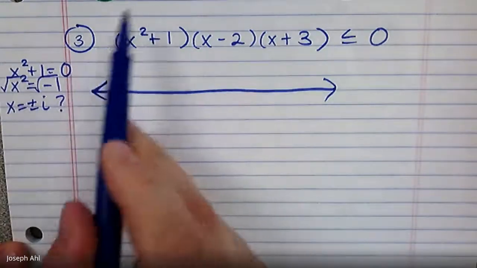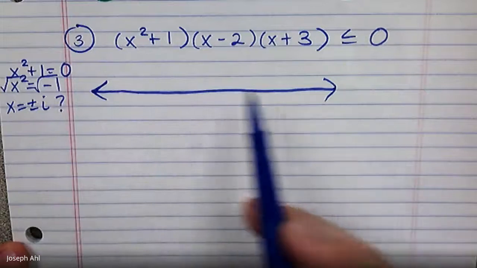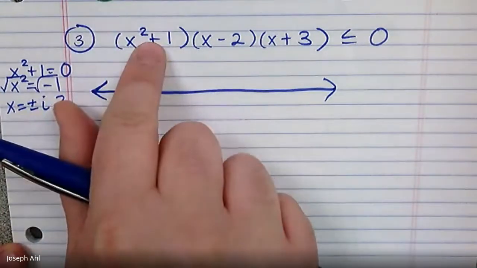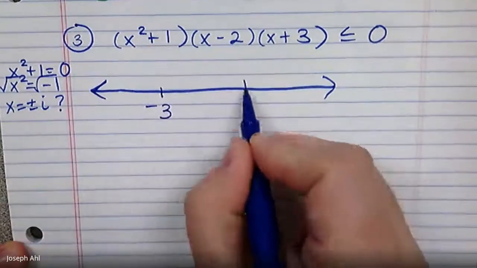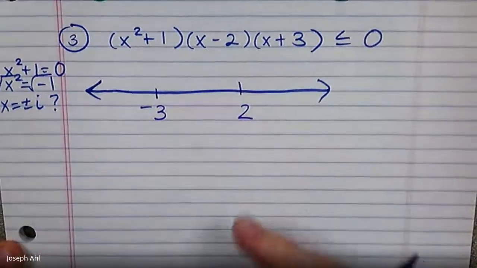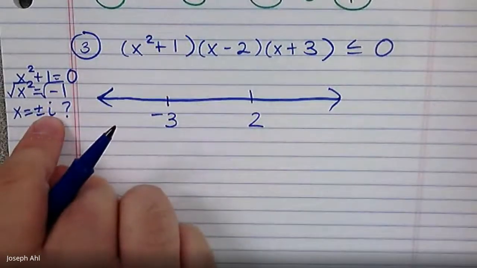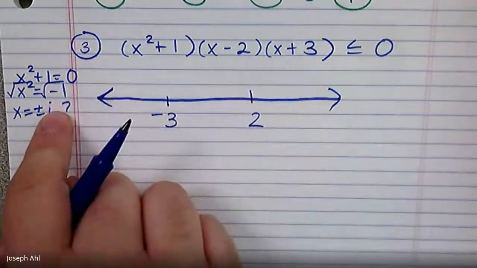Since this doesn't have any solutions that are real numbers, we're not going to put anything on the number line to partition around as it relates to this expression, which actually makes this example pretty nice. There's only -3 and 2 to partition around. So if you have a quadratic that gives you imaginary solutions like this one, then there's nothing on the number line you have to include for that factor.